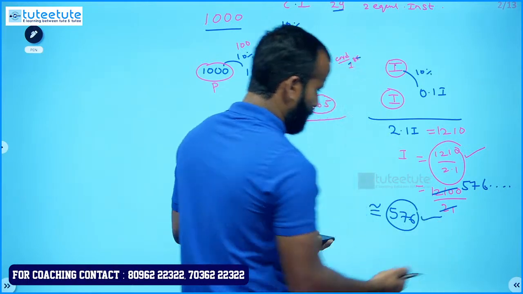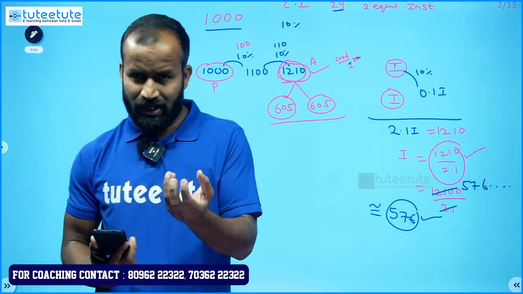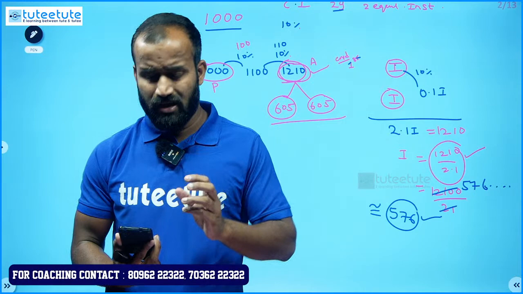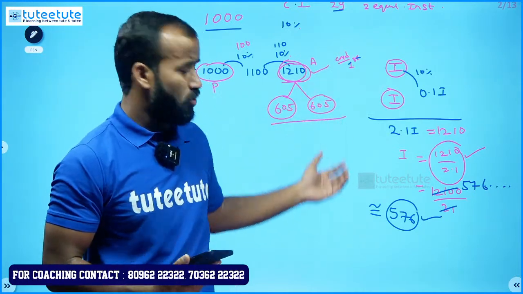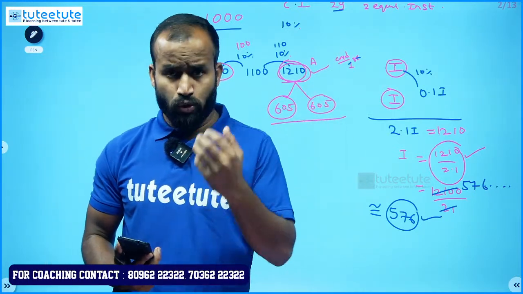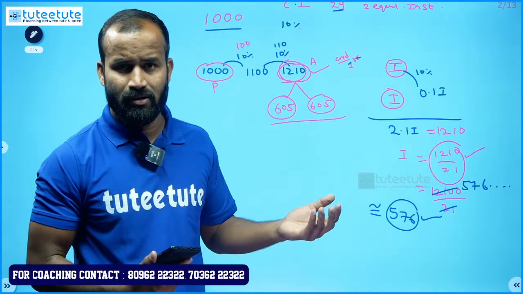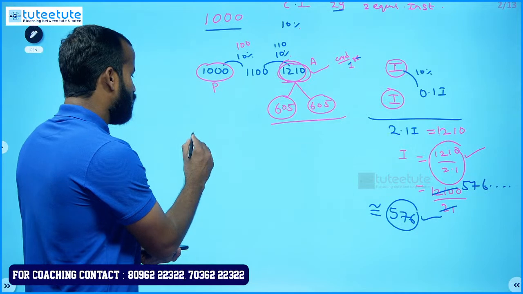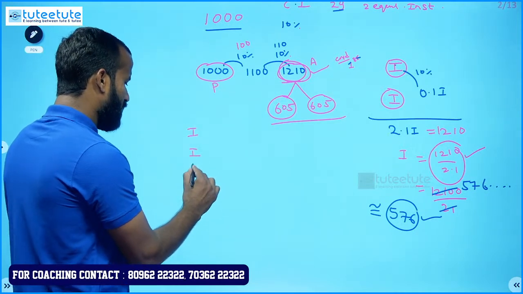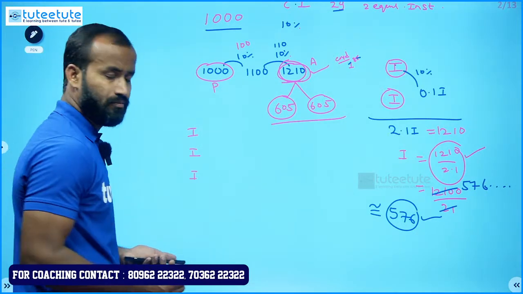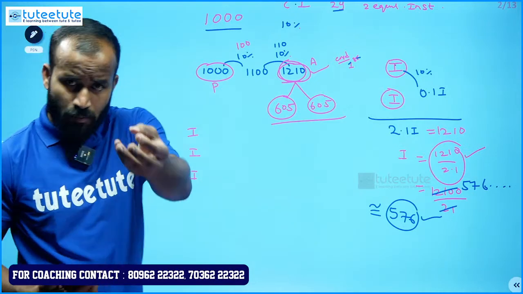So this is the concept. This is how we are going to calculate installment. See, in exam we are not going to follow this procedure. We are going to use the shortcut to find the answer. But for example, 3 years means first installment, second installment, third installment. I took some amount from you.